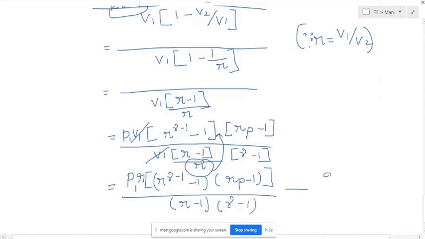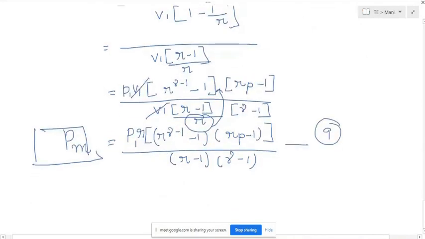So this is equation number 9. This is the mean effective pressure equation.